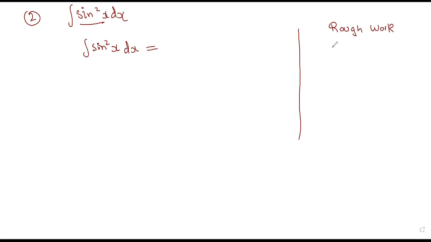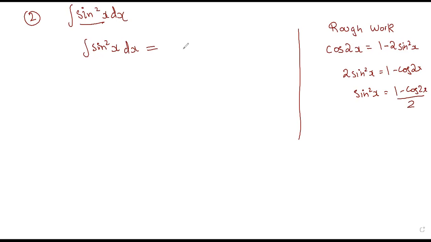If we know that cos 2x equals 1 minus 2 sine square x, so we'll have 2 sine square x equals 1 minus cos 2x. Sine square x equals (1 minus cos 2x) by 2. You need to replace this first because you are not able to recognize any derivative this way. This is not a derivative.